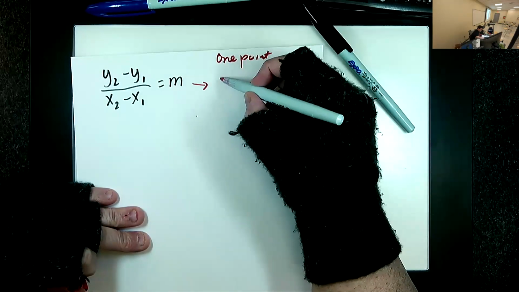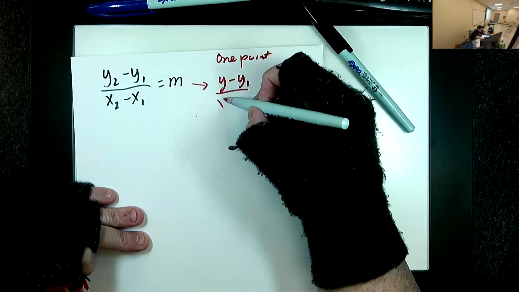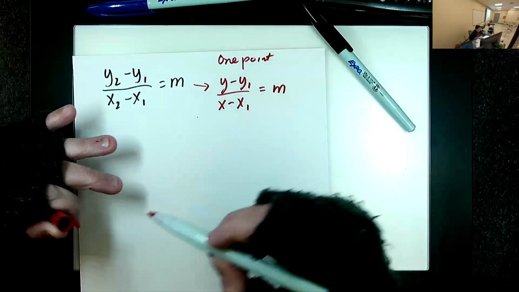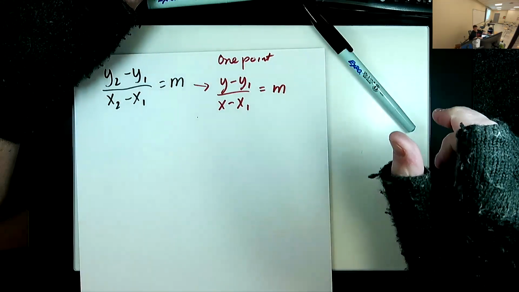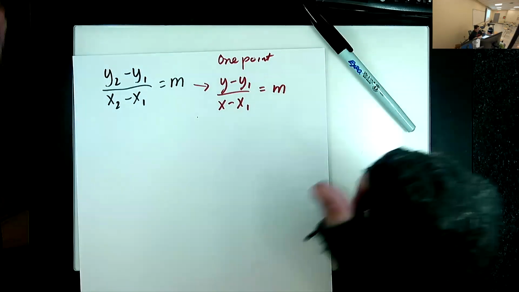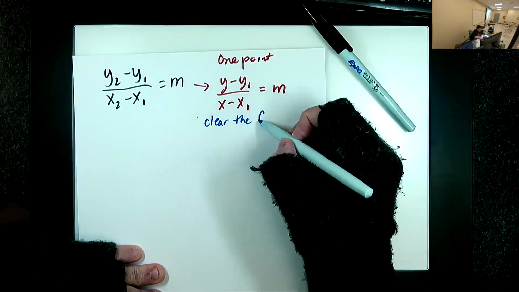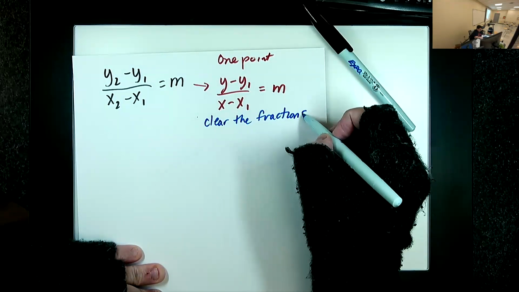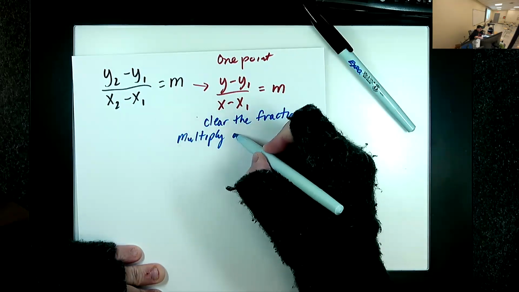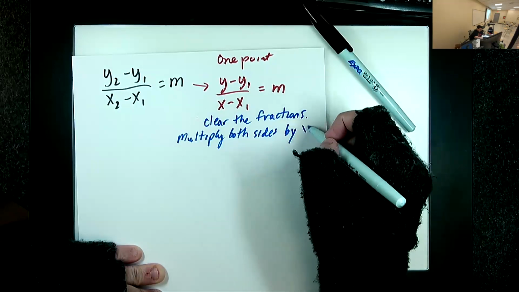So if we only have one point, I can write this as y minus y1 over x minus x1. Still takes the y and the x, but we don't know what it is. It's a variable here. And now clear the fractions. Multiply both sides by x minus x1.